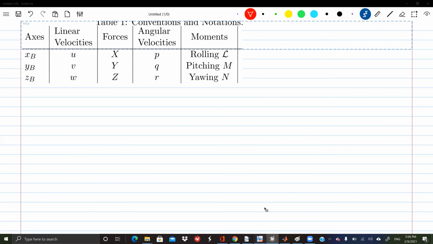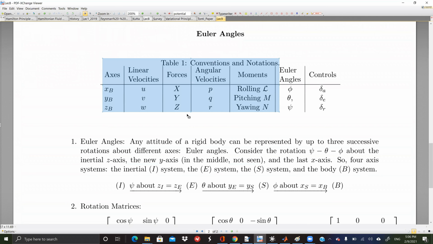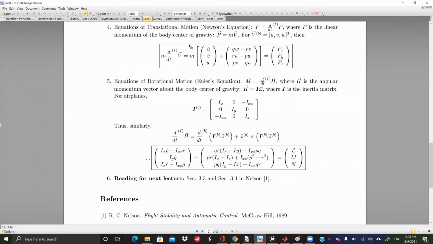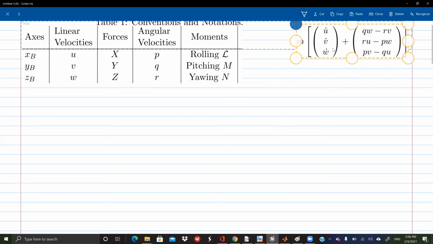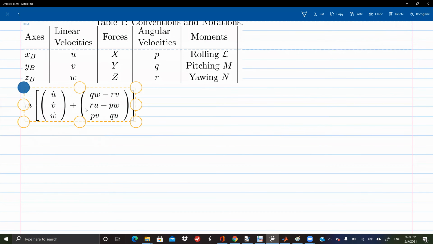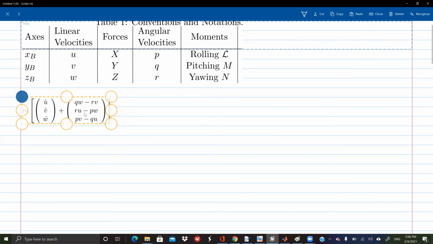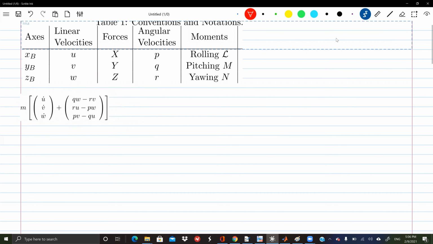Force equal mass times acceleration last time. So here is mass times acceleration. Mass times acceleration here.